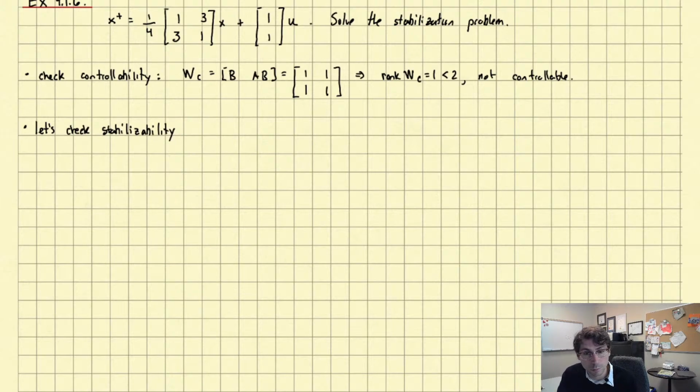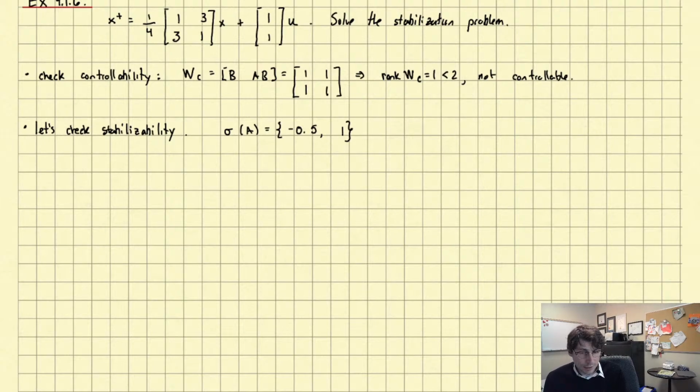We said we're going to use the PBH test to do that. For the PBH test, I need the eigenvalues of A. In this case, the eigenvalues of A are negative 0.5 and 1, it turns out.